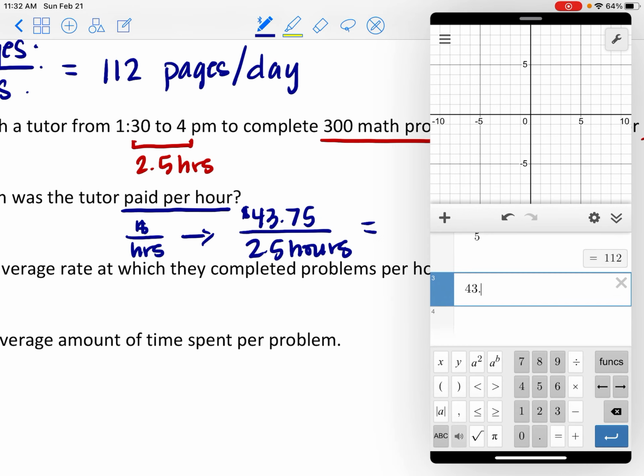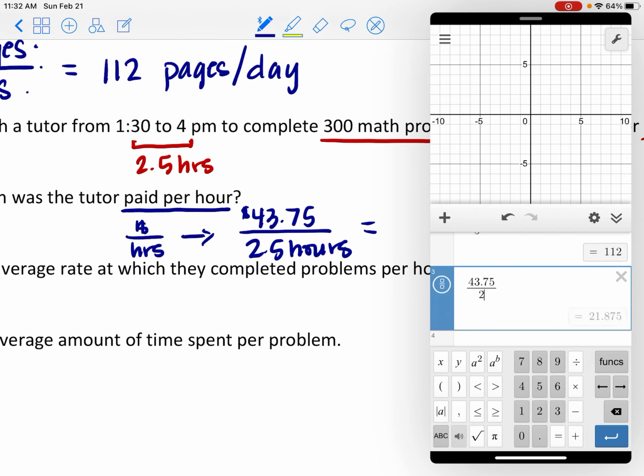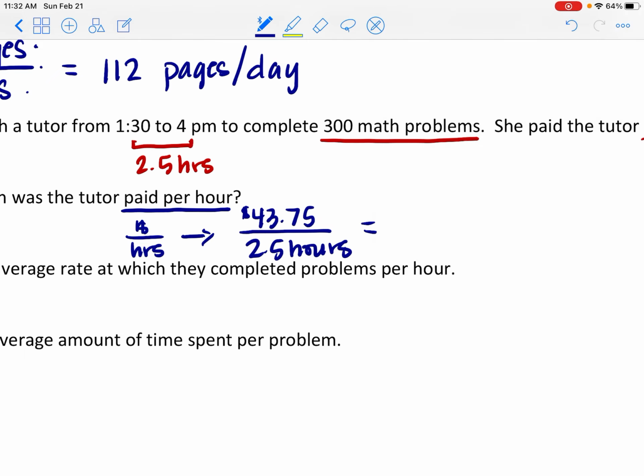So 43.75 divided by 2.5 is going to be 17.5. So that's 17.5, but remember the units are dollars per hour. This is going to be dollars, so I'm going to add a 0 so that it looks right. $17.50 per hour. And notice I'm using the slash and the word per, again, interchangeably. So if you want to write the word per, if you want to use a slash there, which is division, either one of those is acceptable.